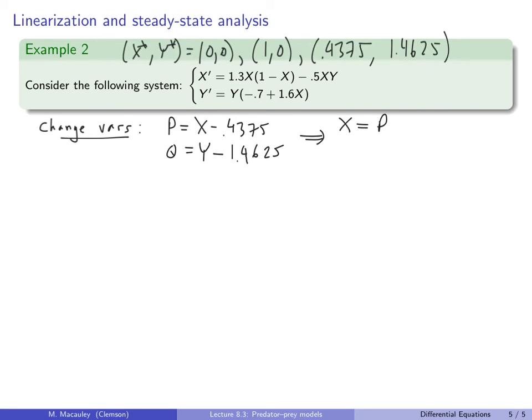X is P plus 0.4375, and Y is Q plus 1.4625. So if we plug these things into this equation here, and we simplify, again, I'm going to skip the algebra, but it's simple.